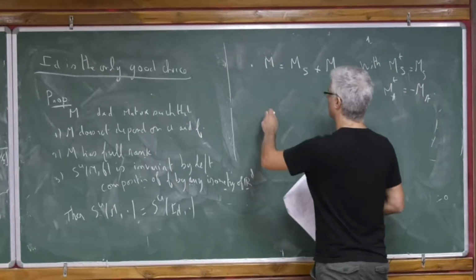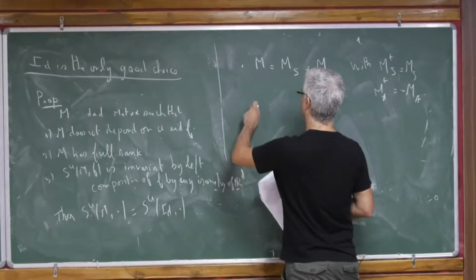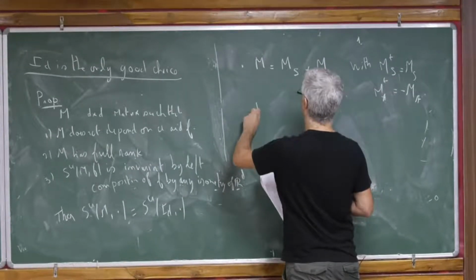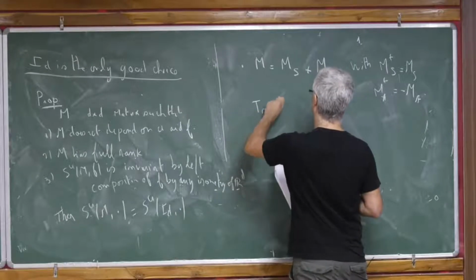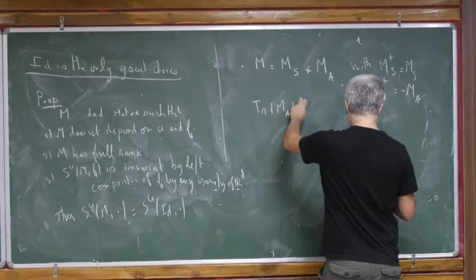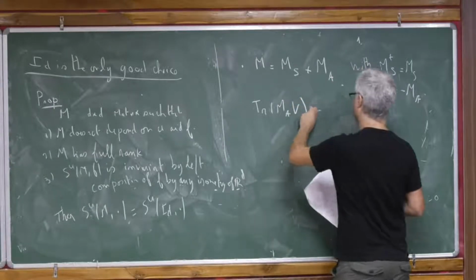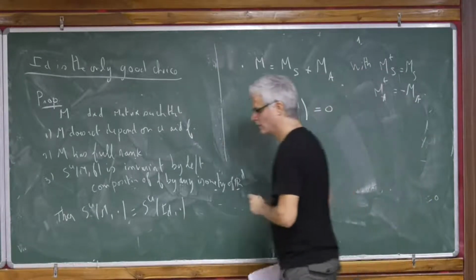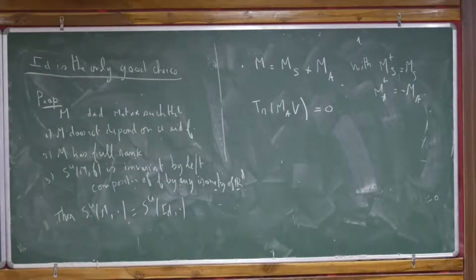What we can see is that V is a covariance matrix, so it's symmetric. If you multiply a symmetric matrix by an antisymmetric matrix and you compute the trace of this matrix, you will obtain 0.